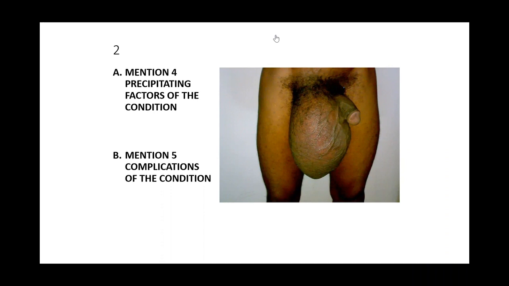There's strangulation, which is impairment of the blood supply of the contents of that sac. It's a complication. There could be pressure necrosis. Hernia may grow to a large size, exerting pressure on the overlying skin, and they may have pressure necrosis.